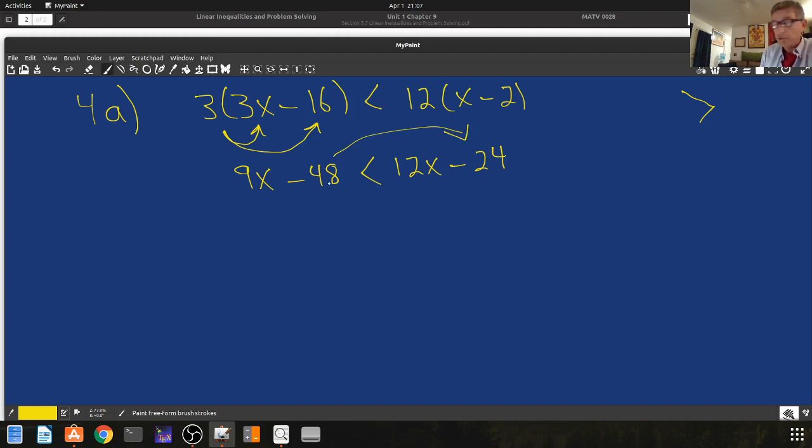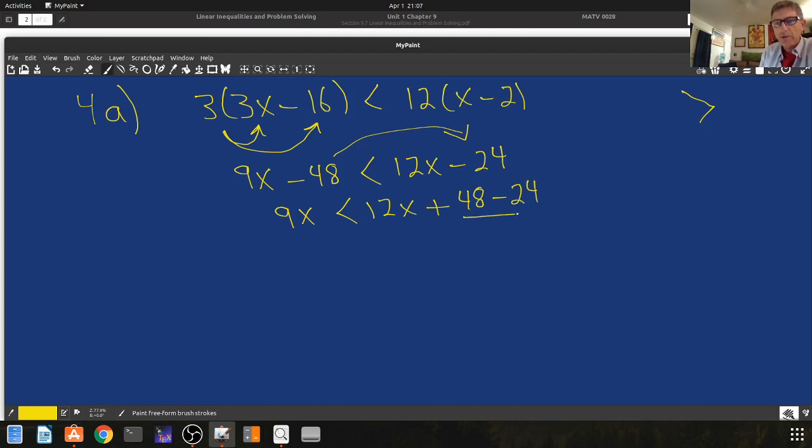I'll just do this one step at a time. So that's 9x is less than 12x. Since my 48 is getting moved to the other side, it has to change its sign. And it was minus 48 on the left, so it becomes plus 48 on the right, minus 24.